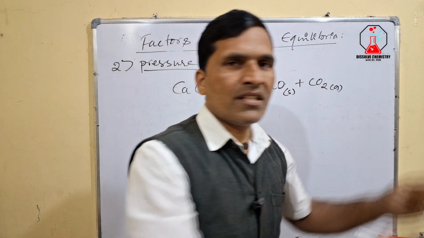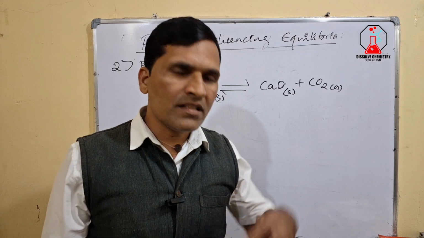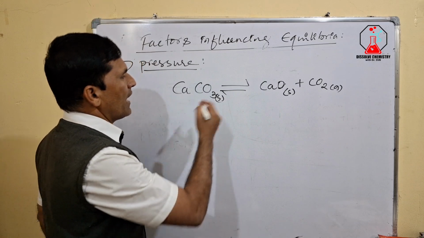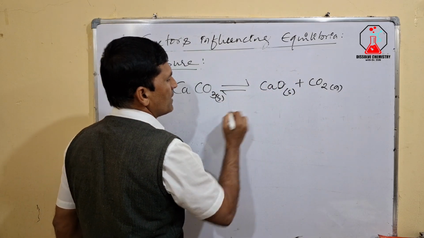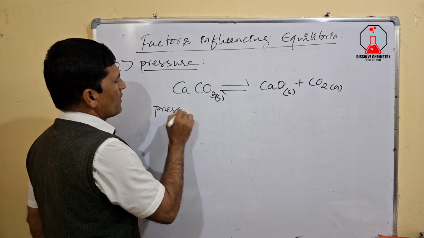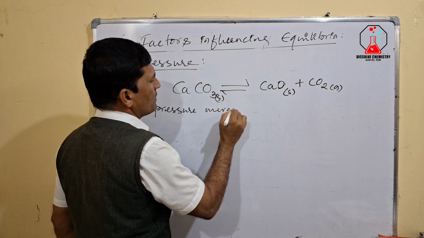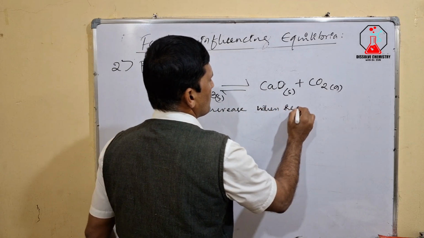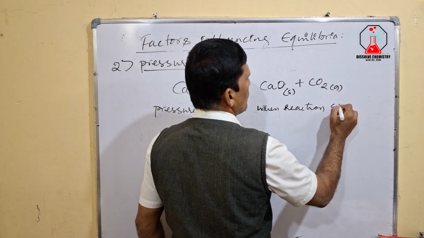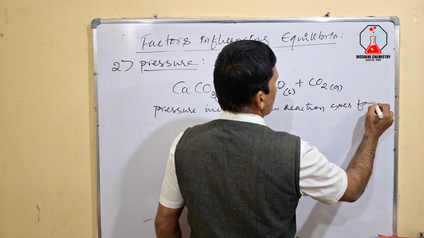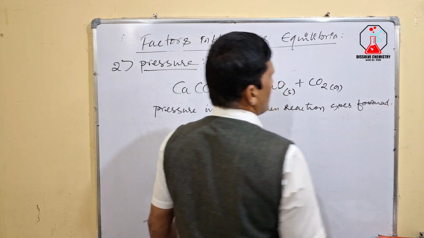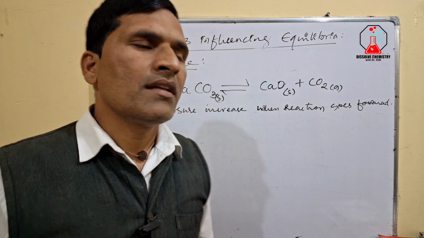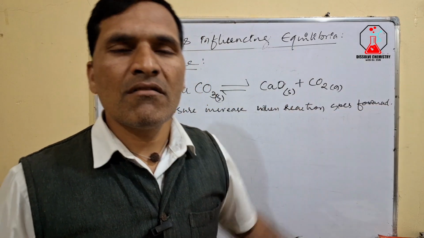The equilibrium will shift in the forward direction due to the decrease in the pressure. Pressure increases when the reaction goes in the forward direction. So if you decrease the pressure by altering the volume, we can make the equilibrium shift in the forward direction.